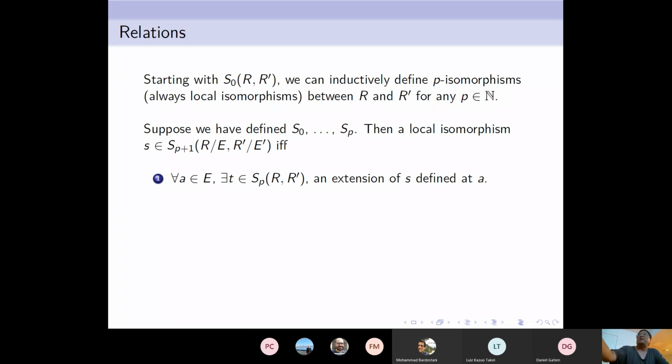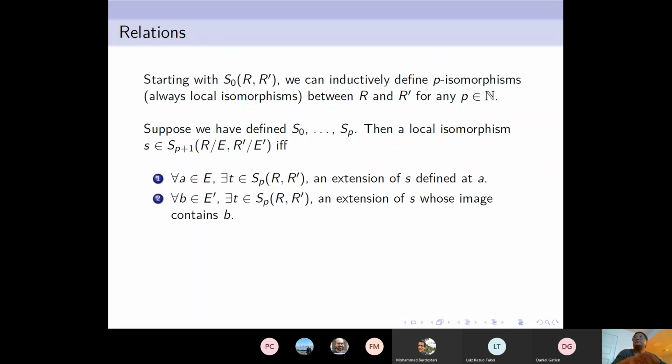For any element A in the domain, which means in E, we can find a local isomorphism T in SP which is an extension of S, and the domain of T contains the new element A. And this is the back condition.